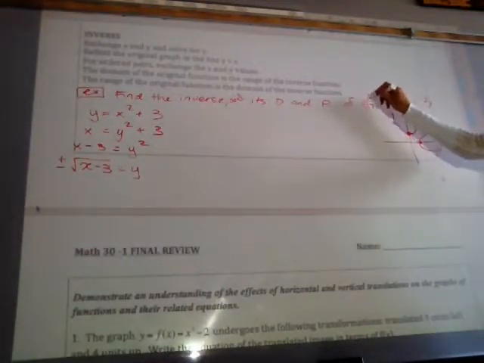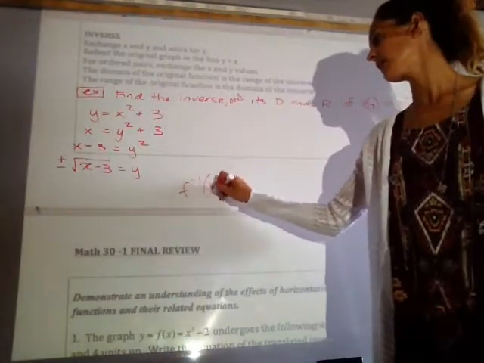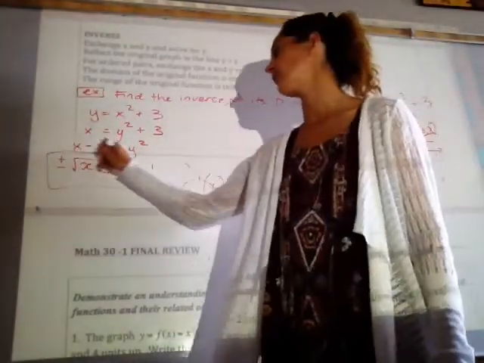But for now, I just wanted to point that out, because if this question started out as f of x, another notation for inverse is this, right? But we can only use that notation if the inverse is in fact a function. This is not a function, so I cannot use this notation. I have to leave it in the form y equals, okay? So just be aware of the notation restrictions. Okay? This is not a function.